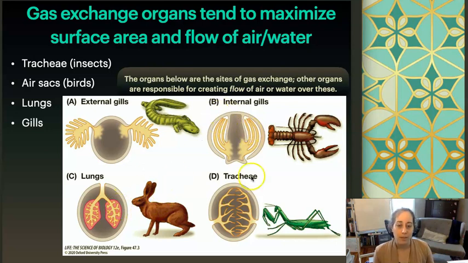The three of them on this side, so the internal gills, tracheae, and the lungs, are all internal because the location of gas exchange is crucial, and the organs that host this gas exchange need to be protected from the external environment.